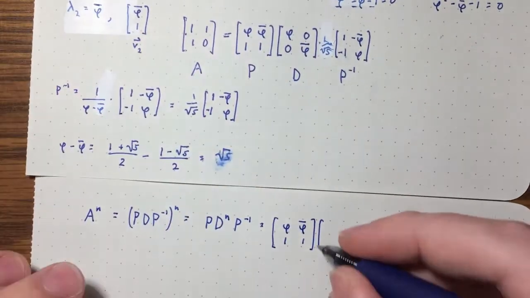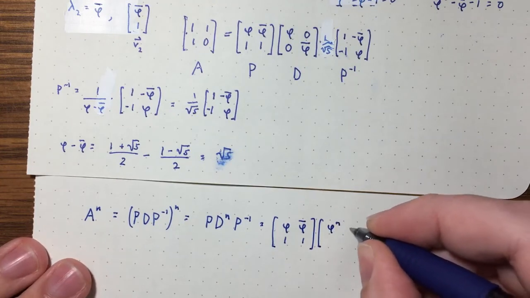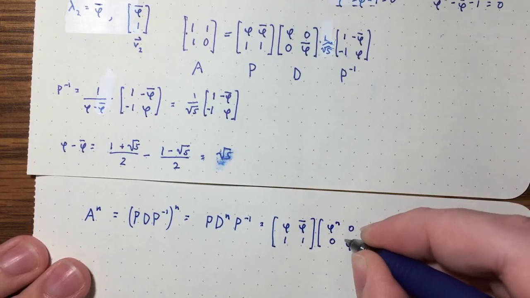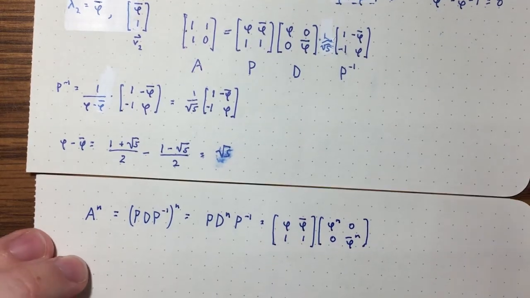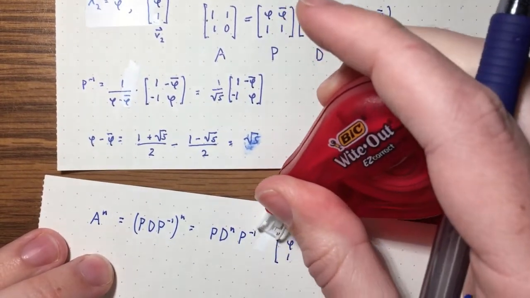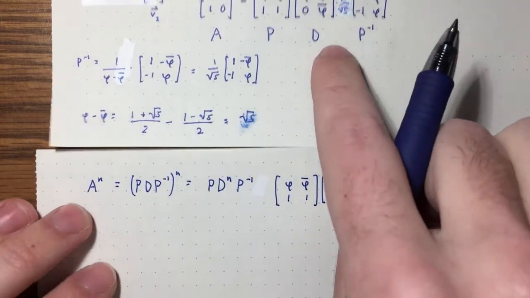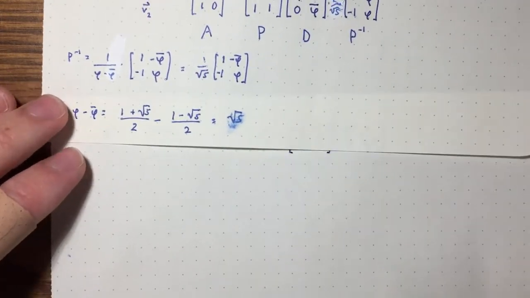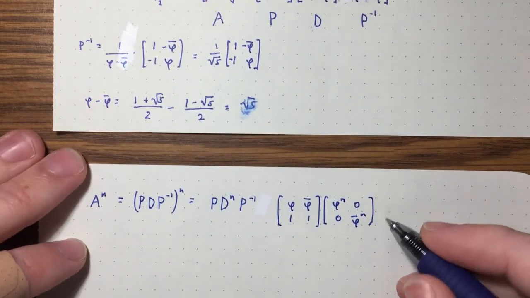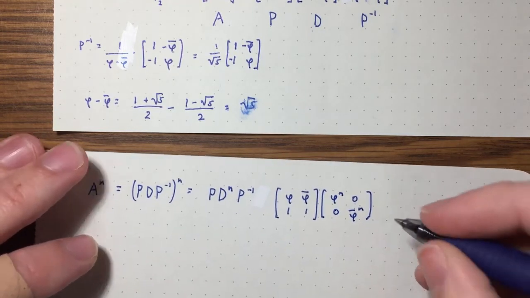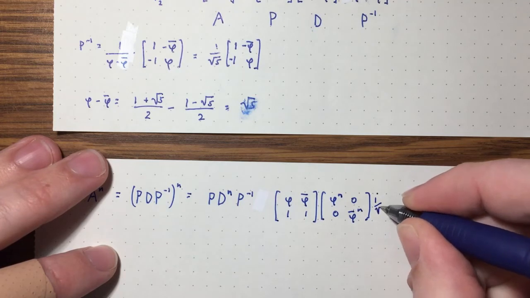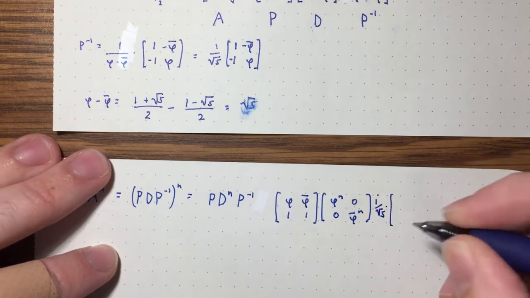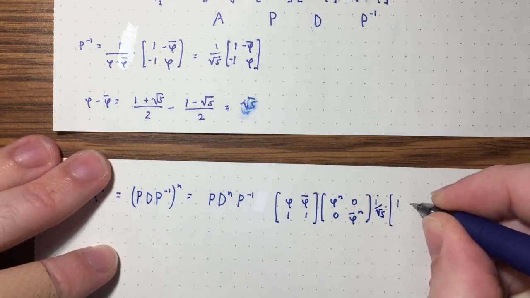There's D. D to the n is going to be phi to the n, 0, 0, phi bar to the n. Nice. This scalar of 1 over the square root of 5, can we just do something with that? So that's part of my P inverse, I guess. All right, I'll just keep it here with the P inverse.